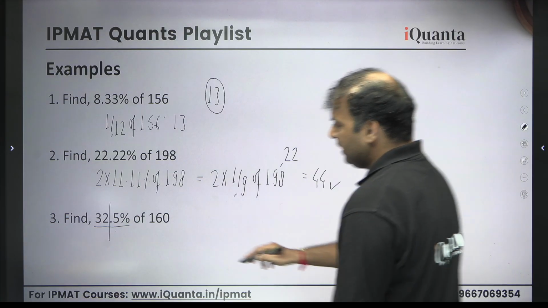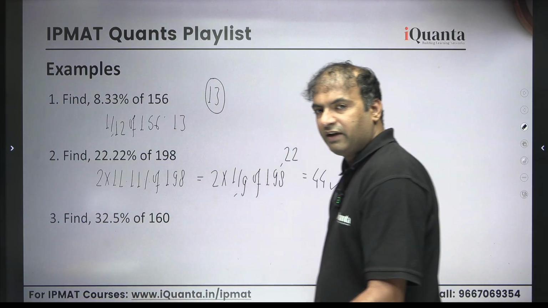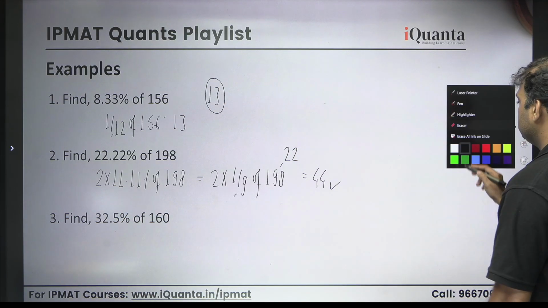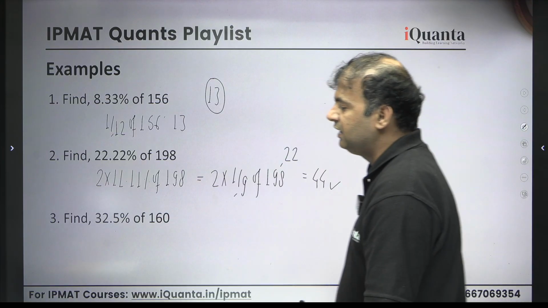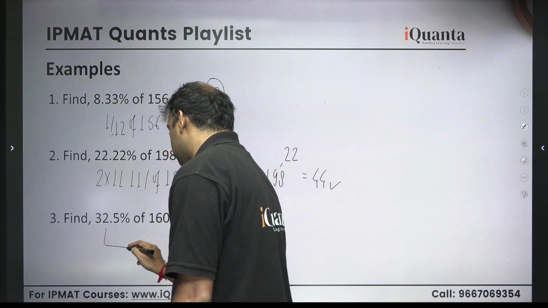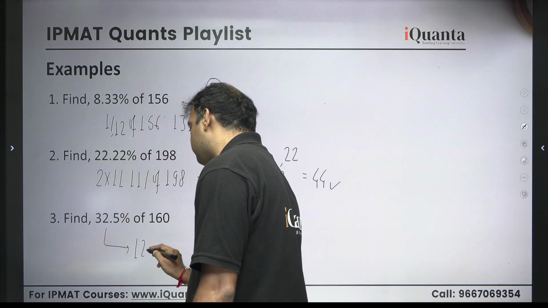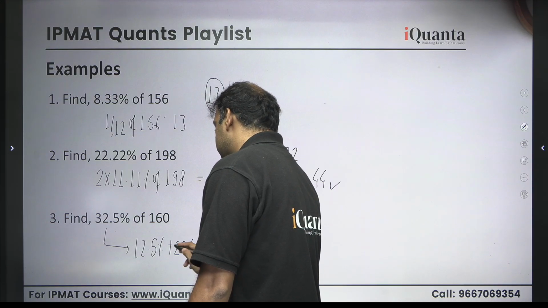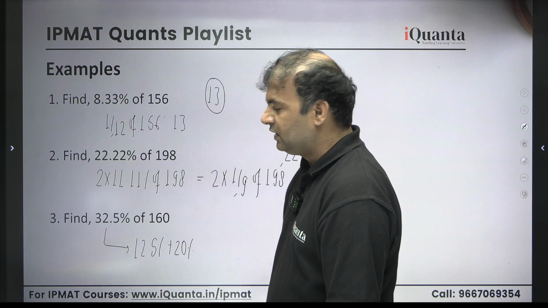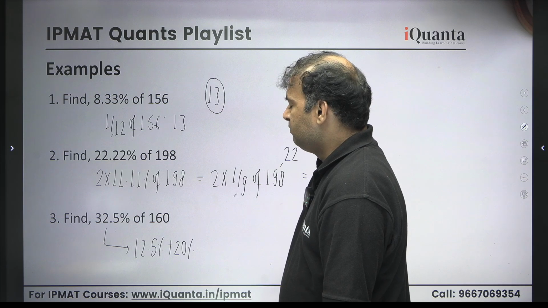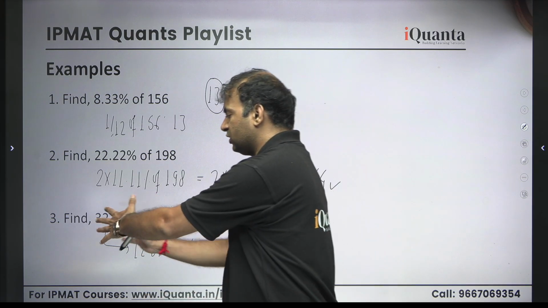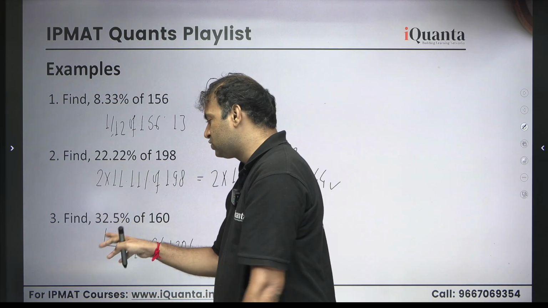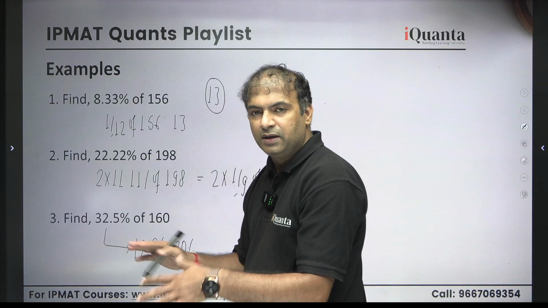So we can break this in such a way that 12.5 is one of the parts of 32.5. Actually, it becomes very easy because if you split off 12.5, you will still have 20% left, right? That makes things easy now. Most of the time, whenever they give questions on splitting, they make sure that the splitting does not become too difficult.